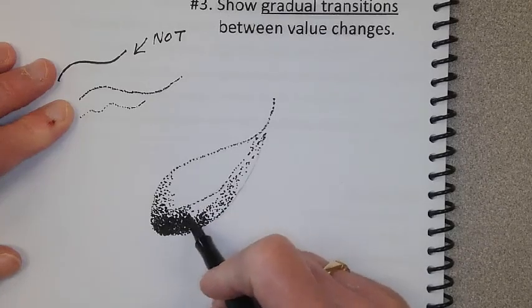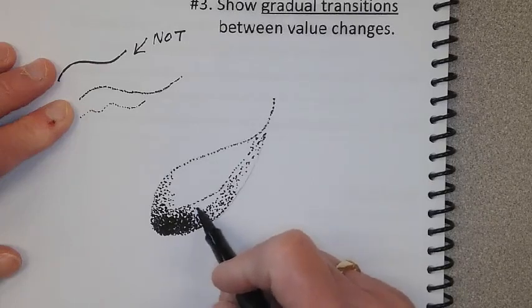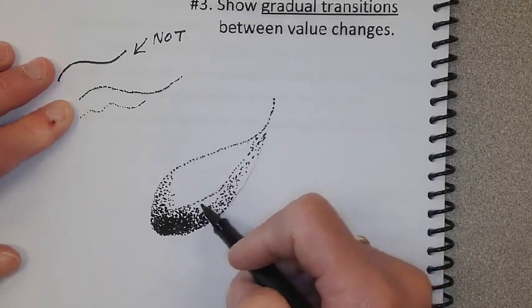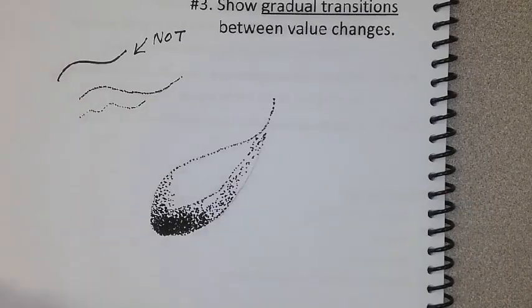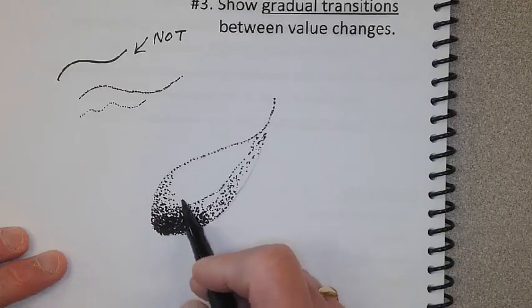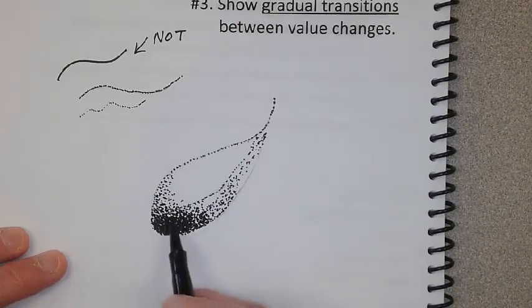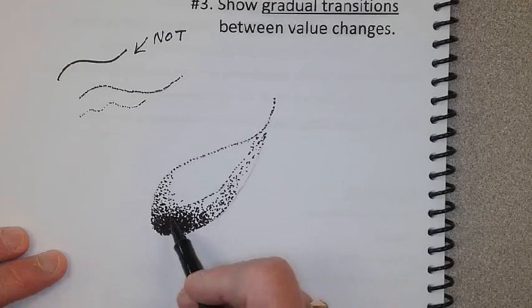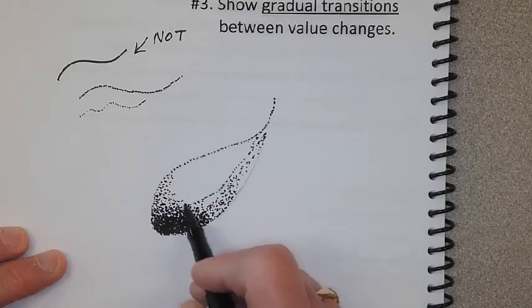And if you get an area that doesn't show gradual transition, you can always go and put more dots. So I'm trying to go from a dark area to a medium dark area.